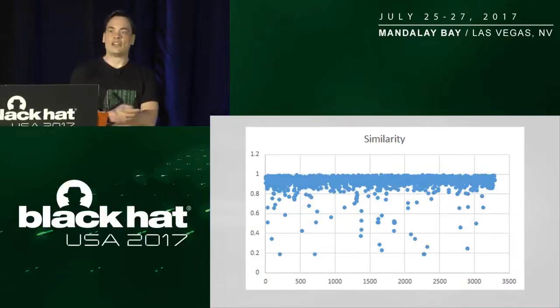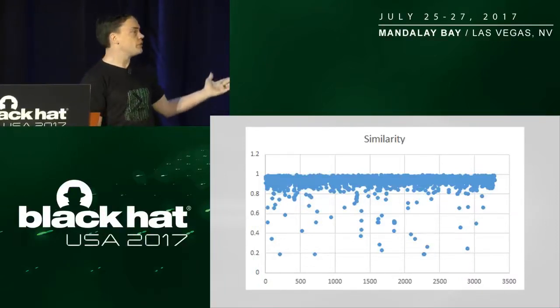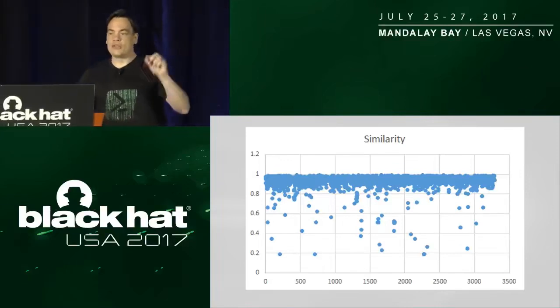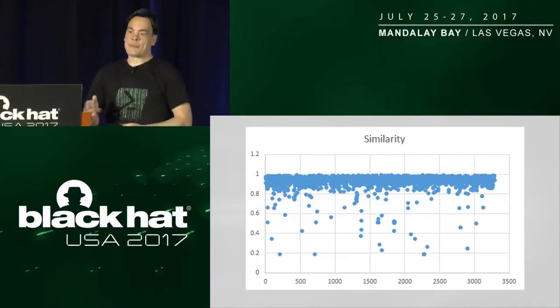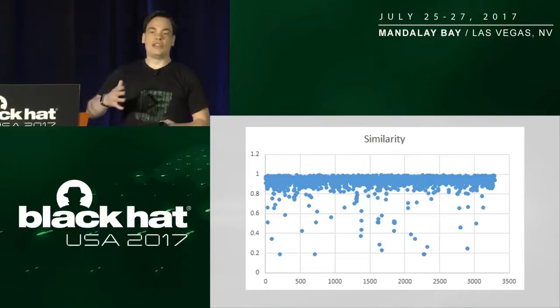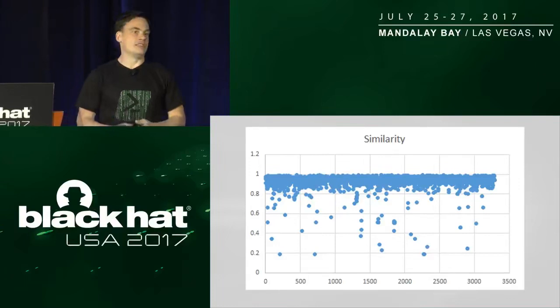This is what it looks like when you take those similarity metrics to the average PowerShell script across all of Posh code. We see a really great grouping here above about 0.8. Anything below that, when you took a look, you're talking about reducing 3,500 scripts down to like a couple dozen.